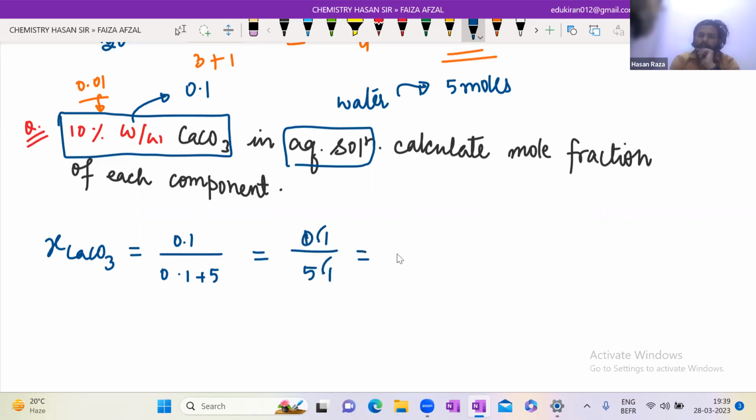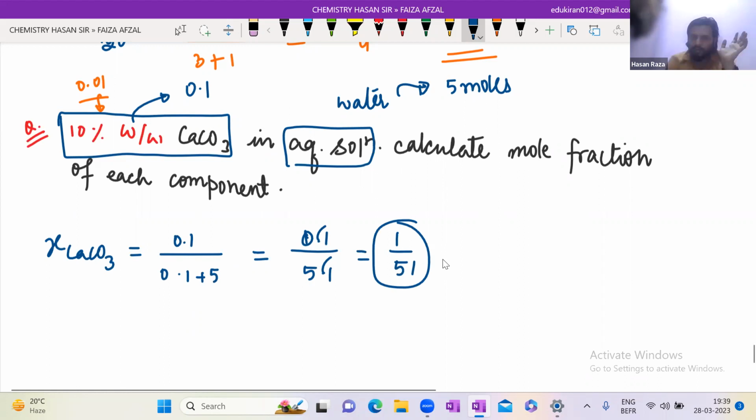Decimal will be cancelled by decimal, so it will be 1 upon 51, right? Whenever you calculate the mole fraction, don't do it in decimal, let it be in fraction. Have you got this answer? Yes, I got that answer.